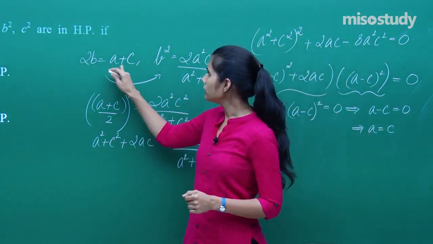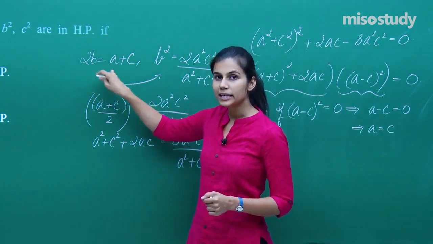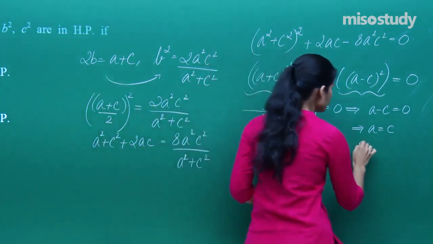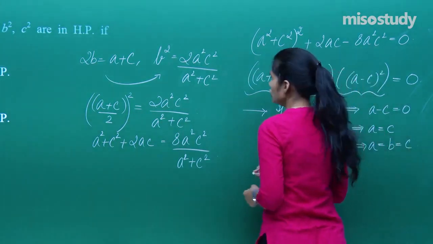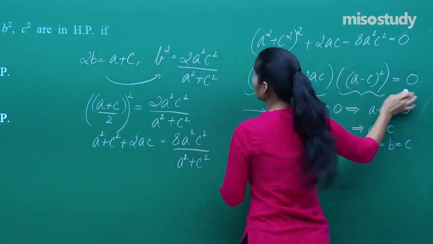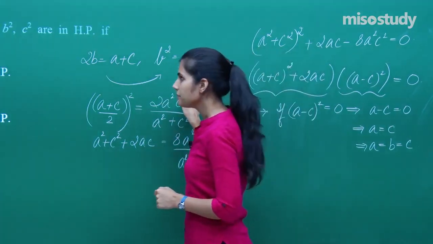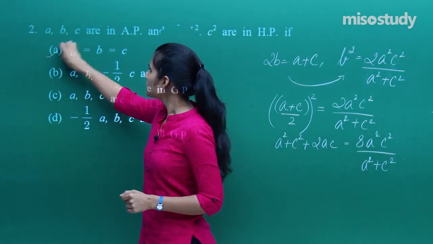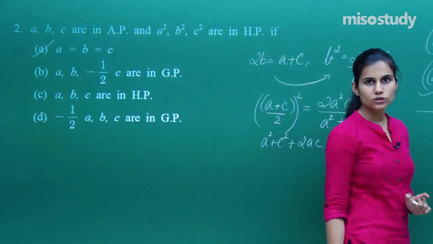But if a is equal to c, you get 2b equals 2a, which means b equals a. So, eventually you will get a equals b equals c. This is one condition in which they are going to hold.